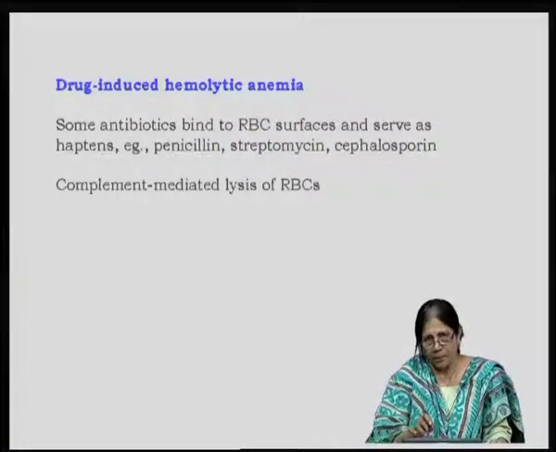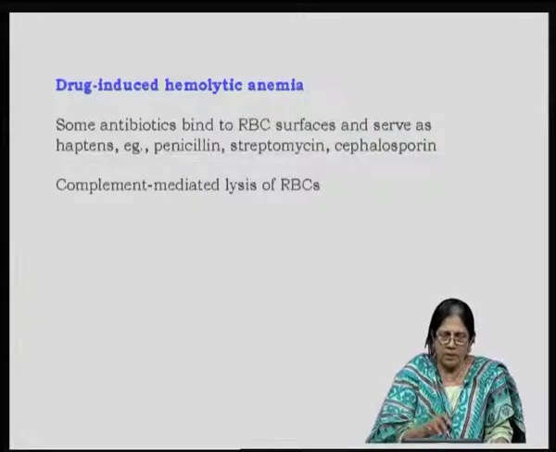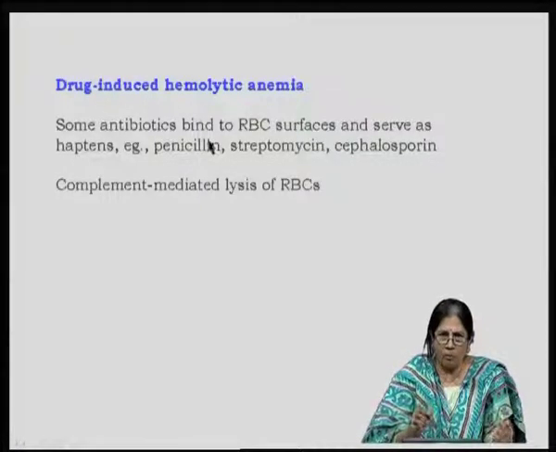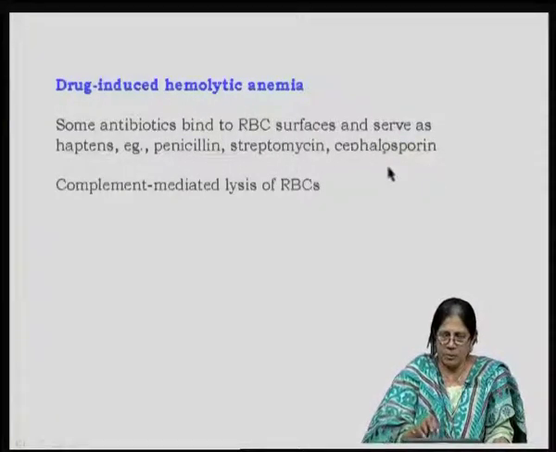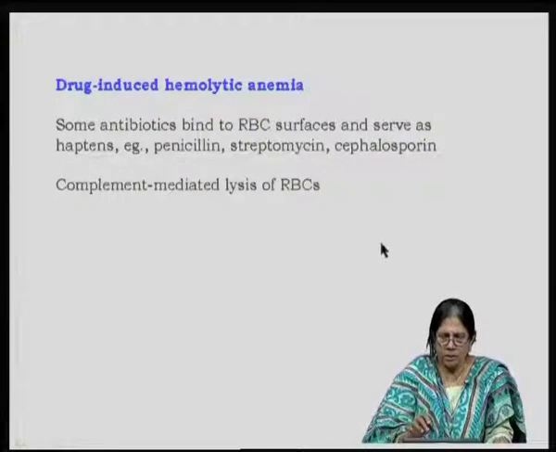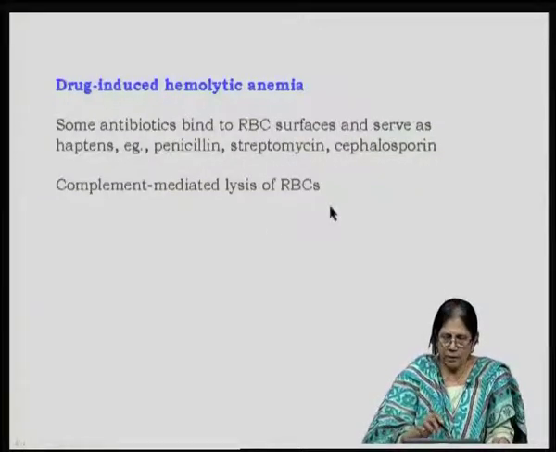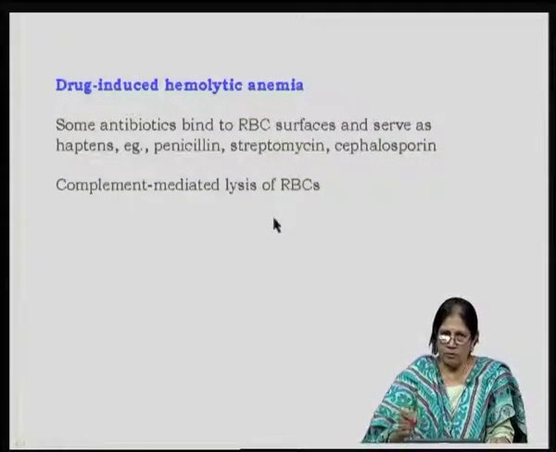However, some people's red blood cells are somehow more active with respect to conjugation. They conjugate penicillin, streptomycin, cephalosporin, these small molecules, thereby making these haptens immunogenic, and they can evoke an immune response.